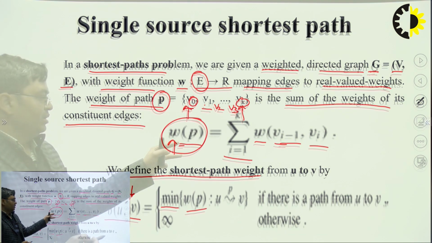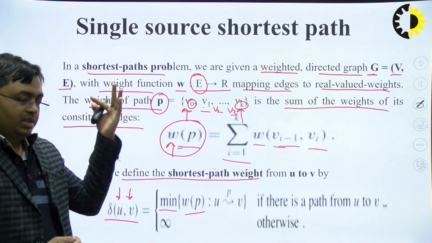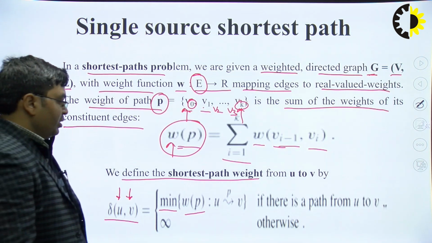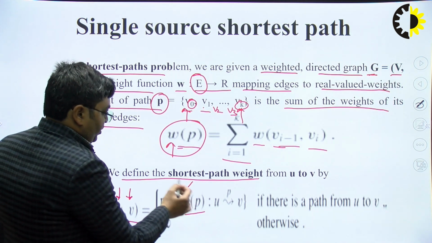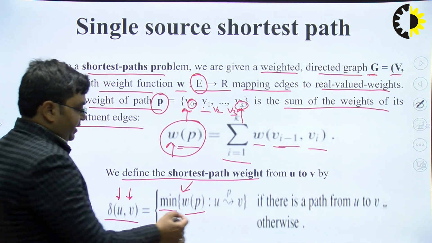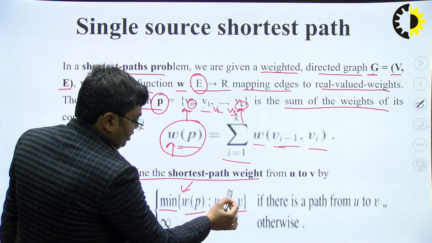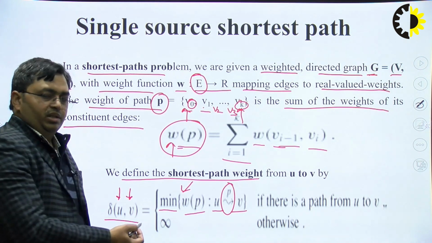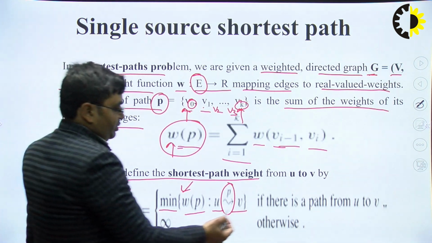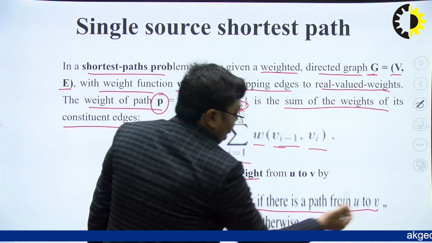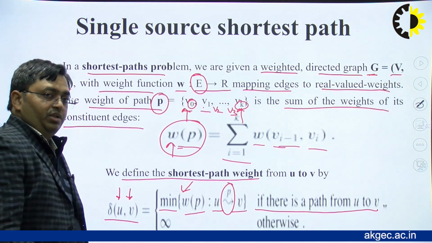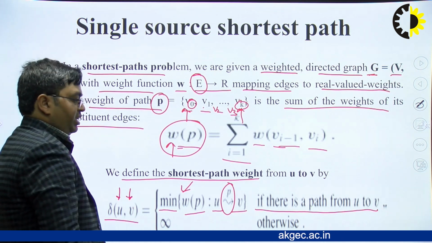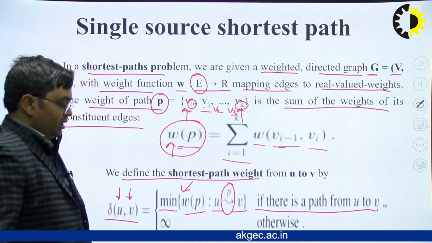If there are two or three options available for a single destination, we take the minimum among them, from u to v. If we have many values, we take only the minimum value. And if we do not have any path between u and v, we take infinity, as written here.